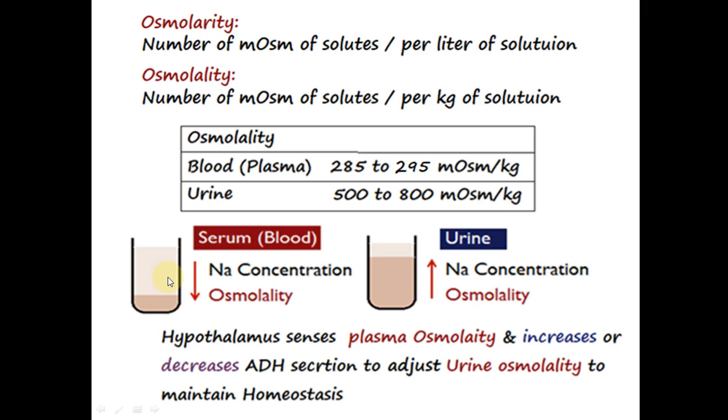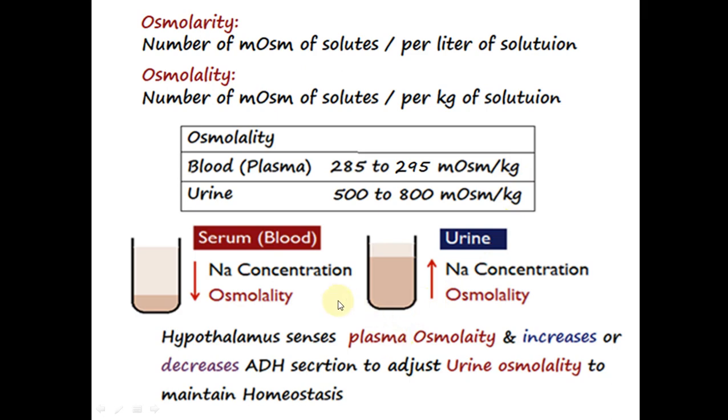The hypothalamus in the brain senses this osmolality, and then according to the osmolality of the blood, it will cause increased or decreased secretion of ADH and increased or decreased reabsorption of water, and in this way it will adjust the osmolality of the urine, and indirectly, by adding water to the blood, it will adjust the osmolality of the blood to the level below 300 milliosmoles per kilogram.